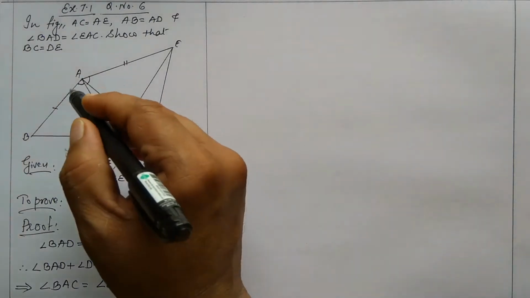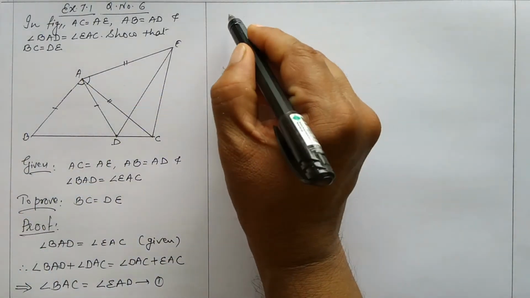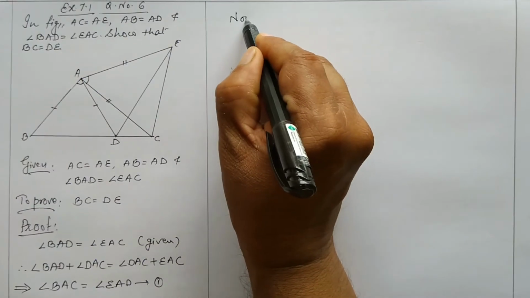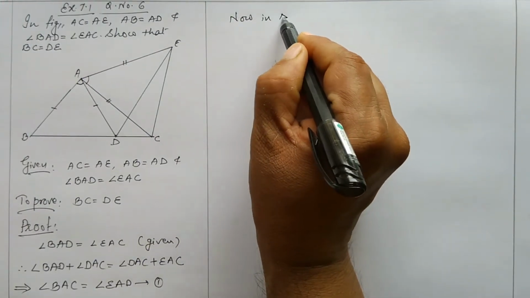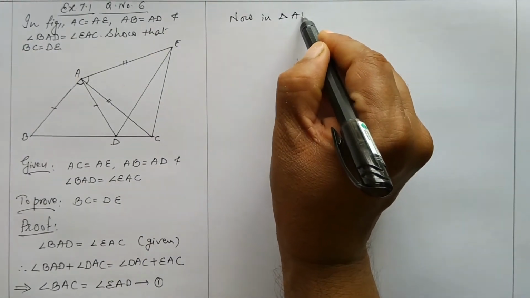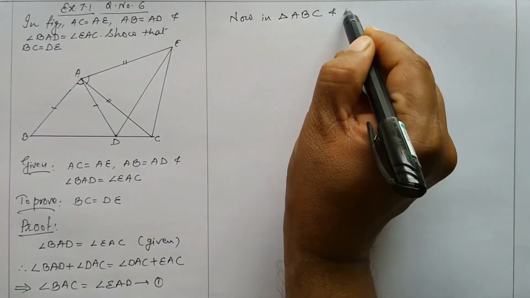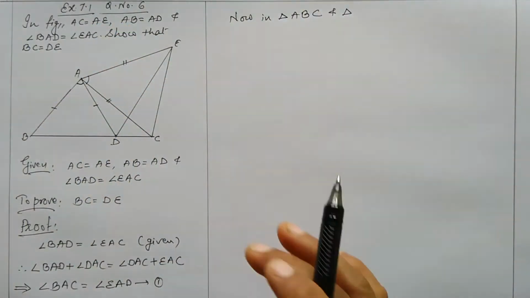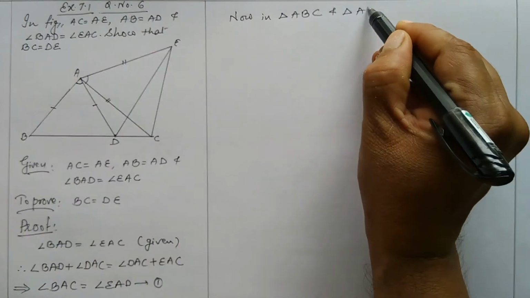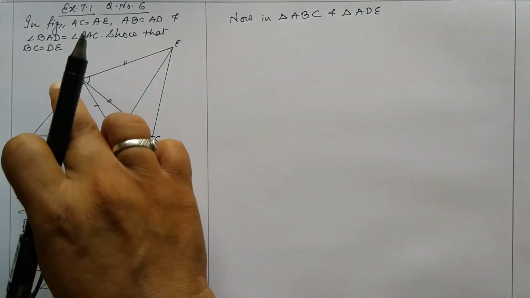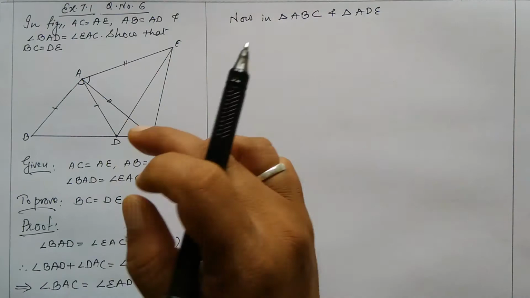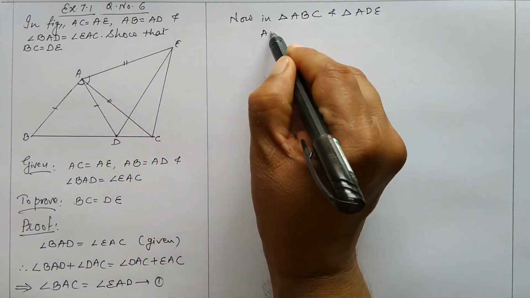Now you can focus on triangle ABC and ADE. Let us see. Now in triangle ABC and triangle ADE, AB is equal to AD. What is AB?